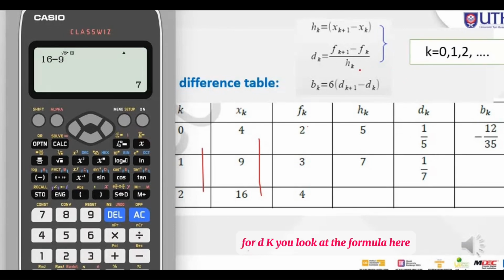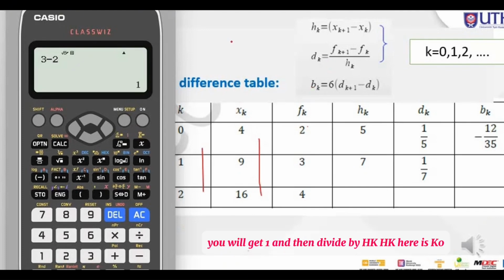Okay, for d_k, you look at the formula here: (f_(k+1) - f_k) divided by h_k. So now we start with k = 0. For k = 0, that means f_(0+1), which is f_1. So for k = 1, your f here is 3, and then minus f_k, which is f_0. For k = 0, your f is 2.